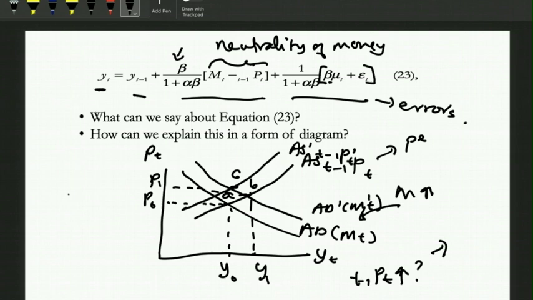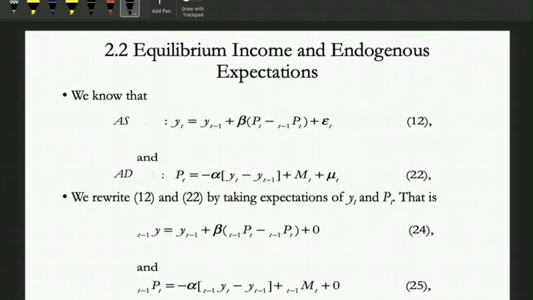So what you need to do here, in order to see what happens to equilibrium price and output in the form of a graph, is that you need to know the determinants of AD, you need to know the determinants of AS, and you need to know what it means by movement along the curve for AD and AS. So here we have done the exogenous part.